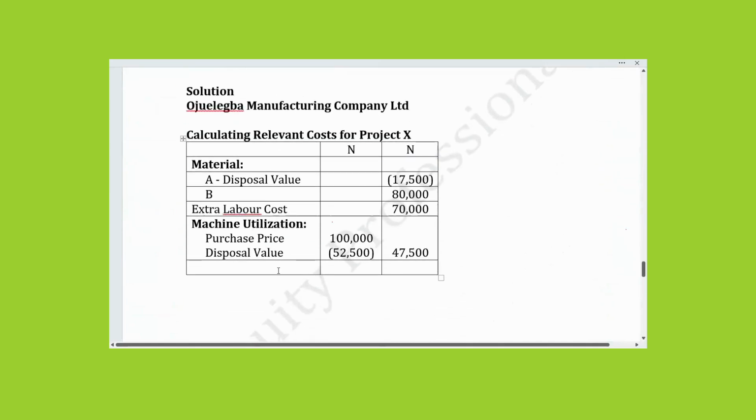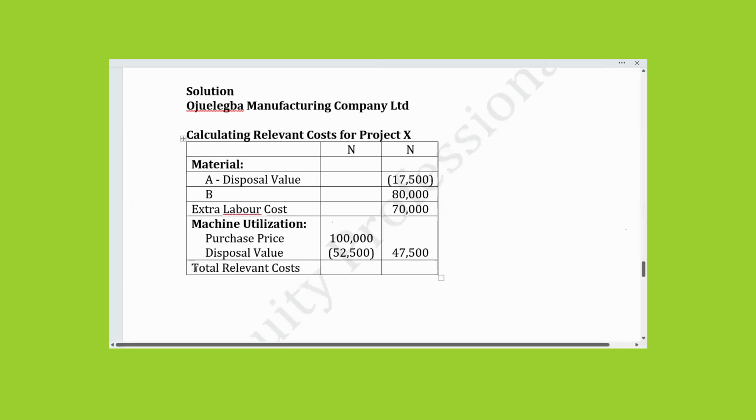So at this point, I then need to determine my total relevant cost. That's all you need, as big as the question is. Look at our solution here. So I will then come here. Somebody should add up the figures for me. So this is total relevant cost.